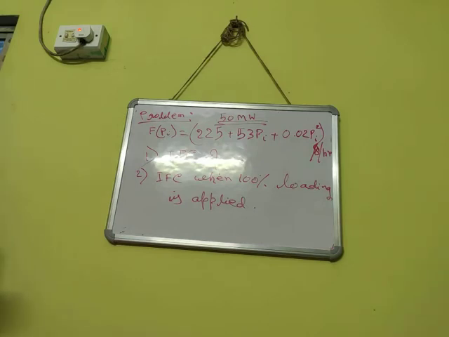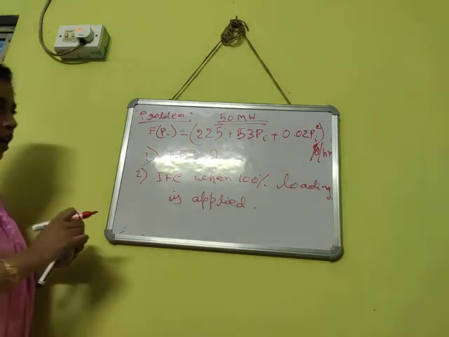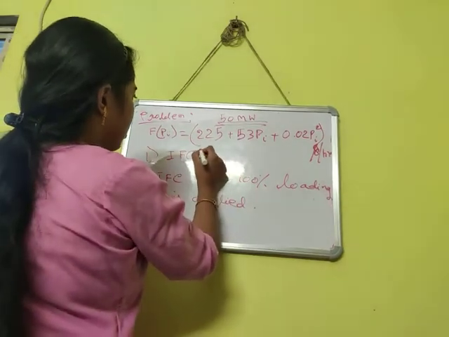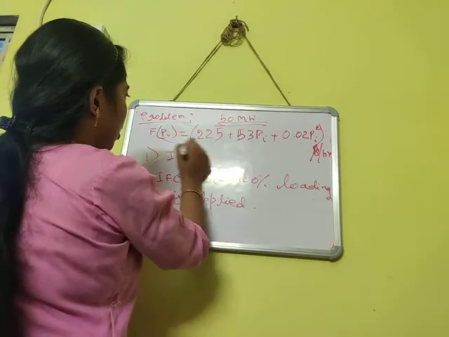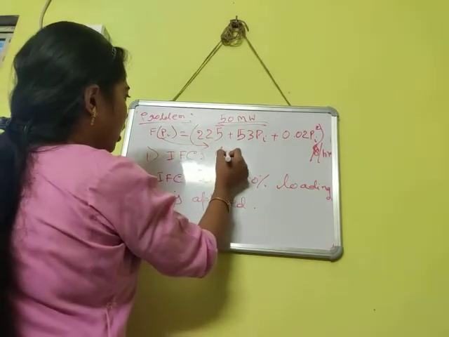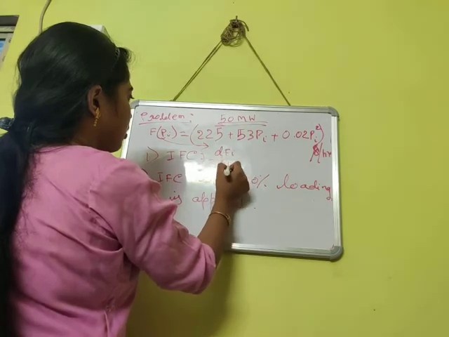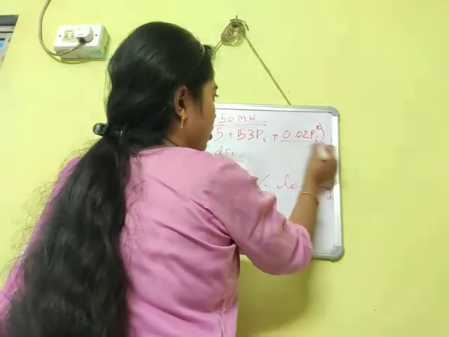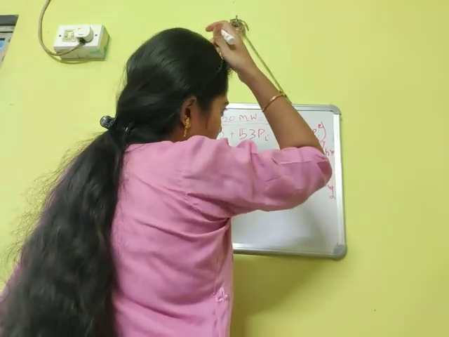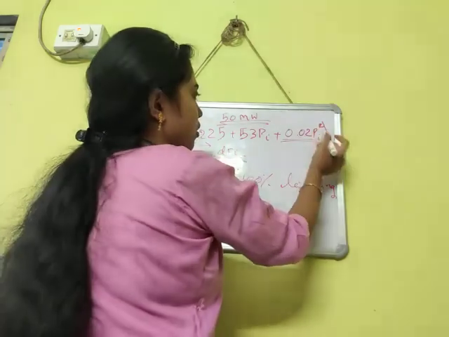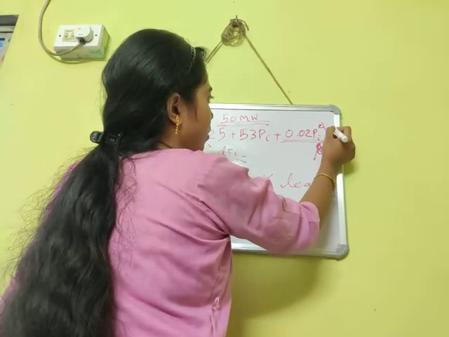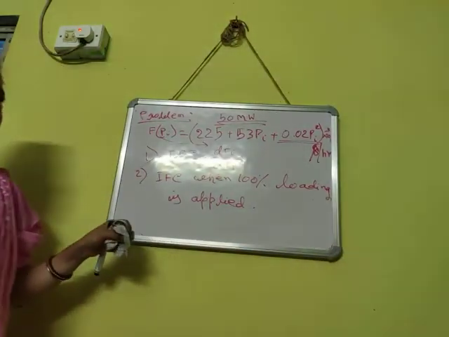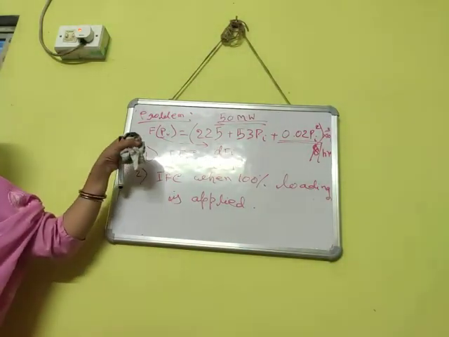When we find out the IFC, it is only differentiation of that one, dFi by dPi. For easy solution, if we multiply with 10 to the power 3 in the problem, then it will be easy to find out the value of IFC.